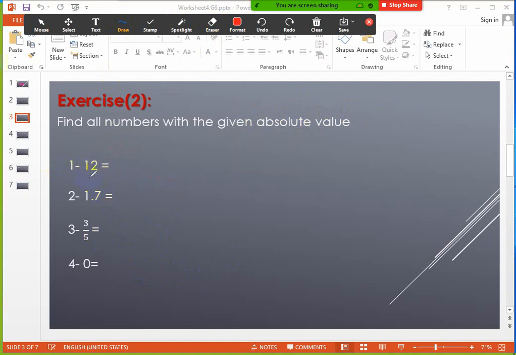If I told you this is the absolute value and I have an unknown number n, and the answer for the absolute value equals 12, I want you to give me the numbers whose absolute value equals 12. Let's see now, Rijan. Yes, Rijan, open the mic first.